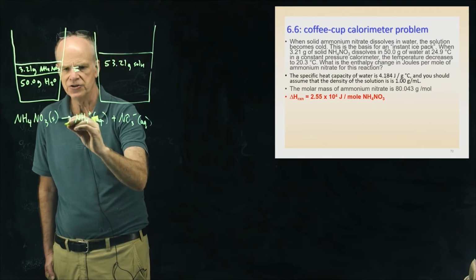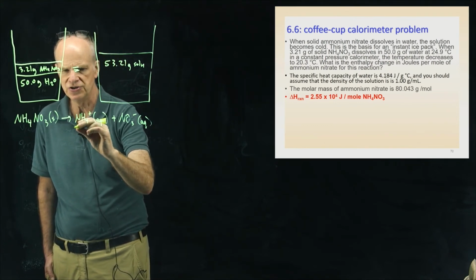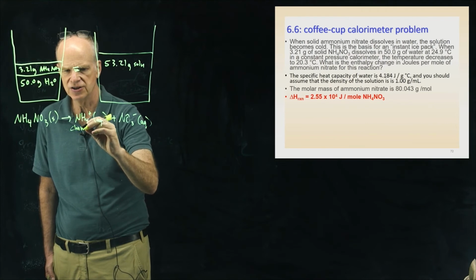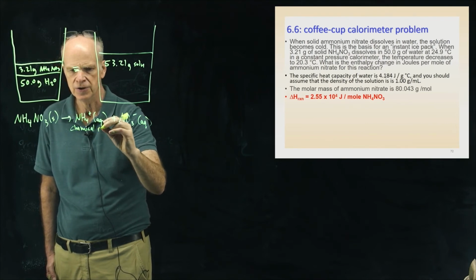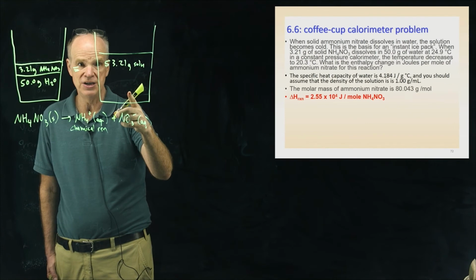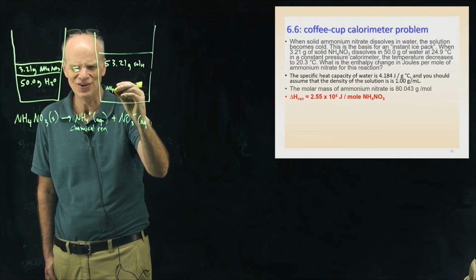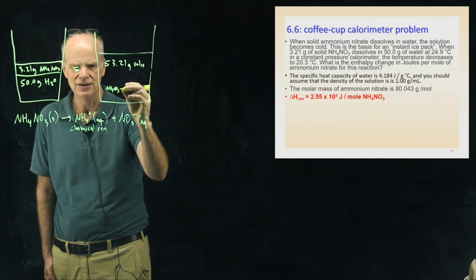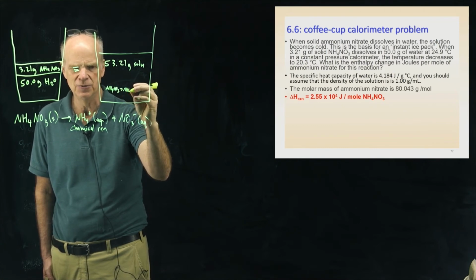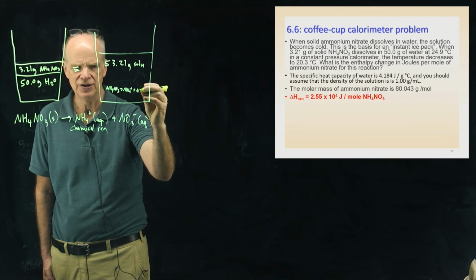And so this is going to be the chemical reaction. So let me just indicate this is the chemical reaction. So this is going to be occurring in the water. So I'm going to draw this real small here, as ammonium nitrate is dissociating into ammonium plus nitrate.